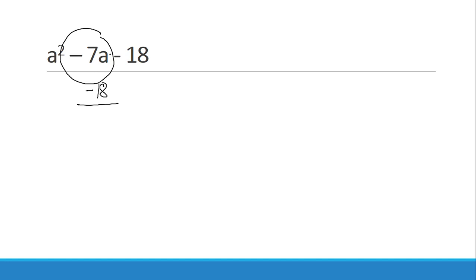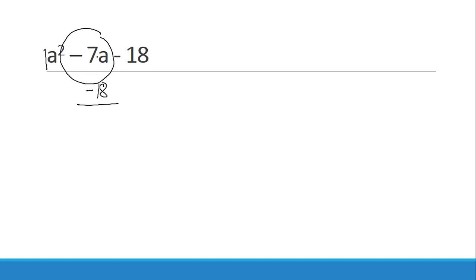So to simply say it, when you are going to factor out trinomials with a constant that is not a perfect square, and also take note on this, with a leading coefficient equal to 1, meaning the number beside your a squared is 1 in there, you are just going to simply look for factors in which the sign of the bigger number will be basing on the middle term sign.